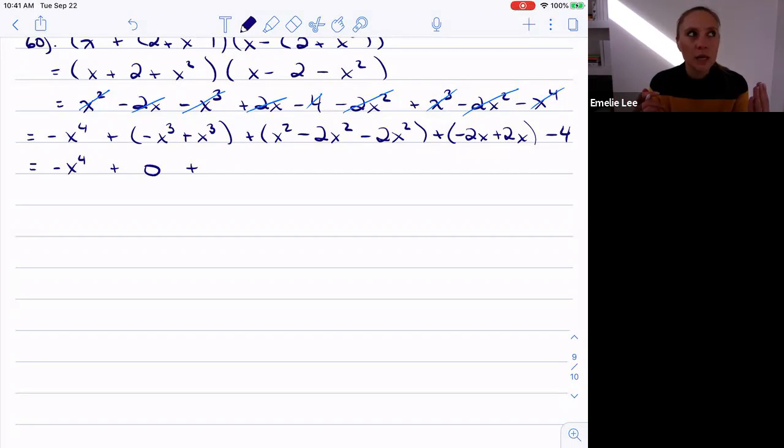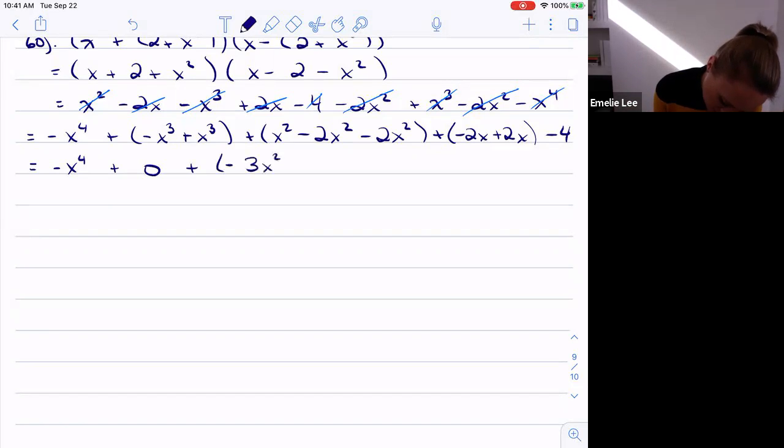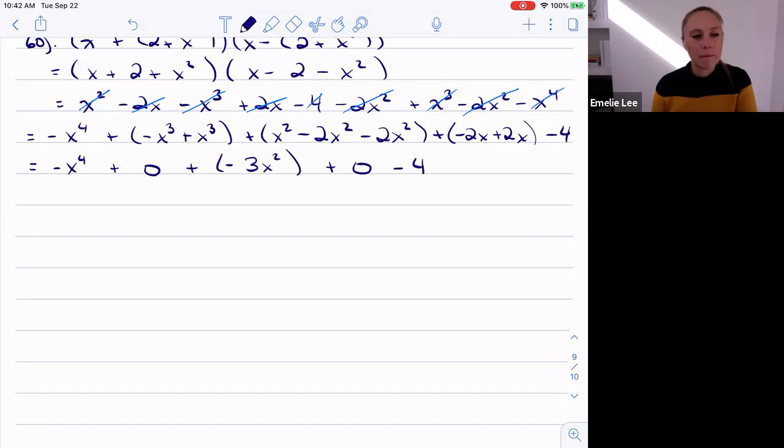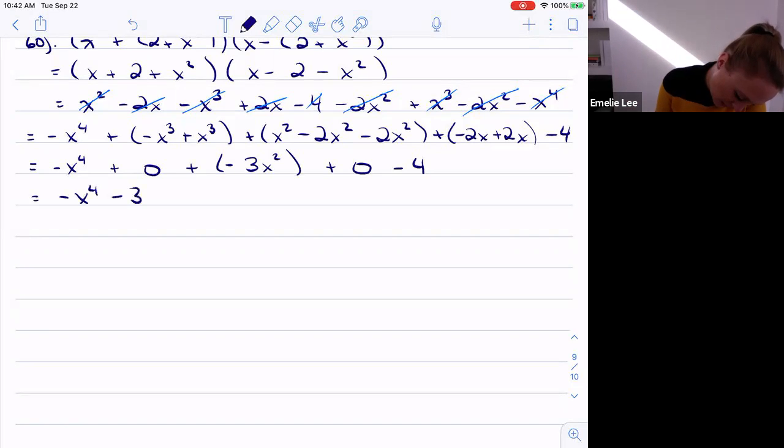So I've got 1 minus 2 is -1, and then minus 2 puts me at -3. So I've got -3x squared. And then I've got plus 0 again, and then minus 4. So I get -x⁴ minus 3x squared minus 4.